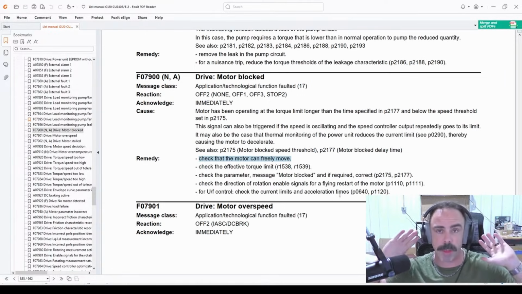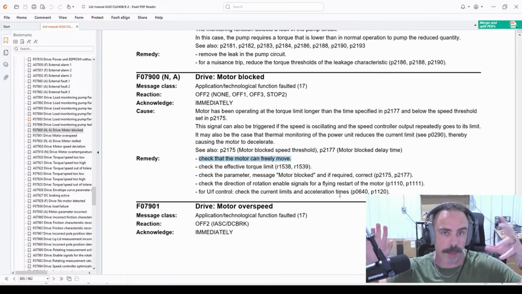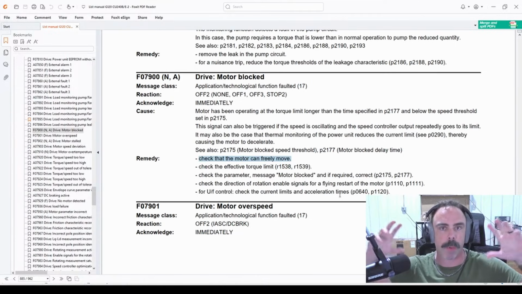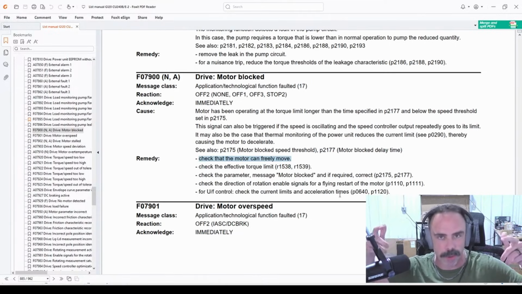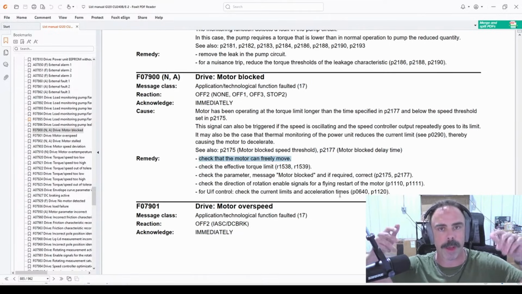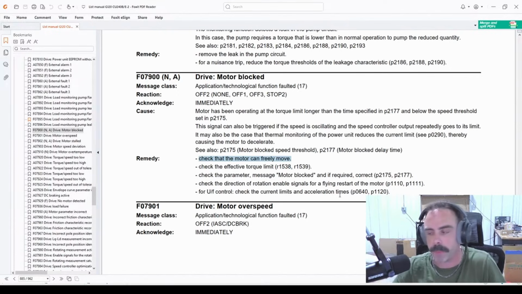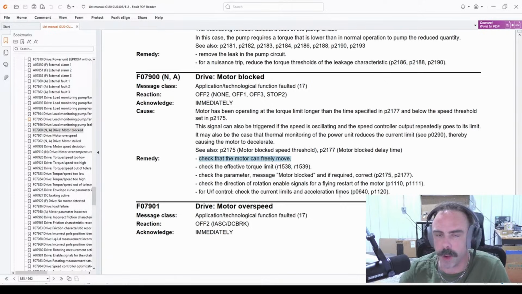Even though DRIVE-CLiQ knows which direction that encoder is turning, it's still going to start pulsing in the wrong direction, because it's thinking it's turning counterclockwise or clockwise, and it's just the wrong way. So absolutely the same thing, and it's the same parameter for DRIVE-CLiQ encoders too. That parameter 410 is the same thing.